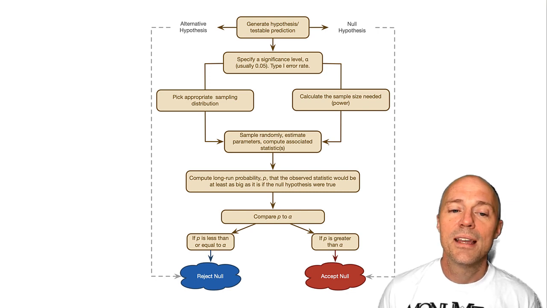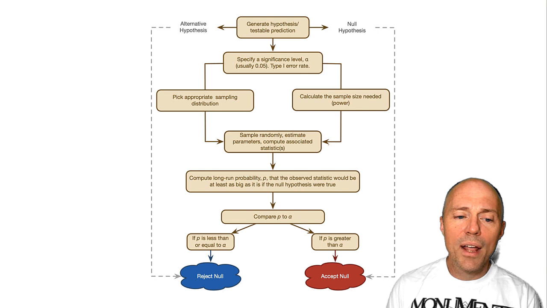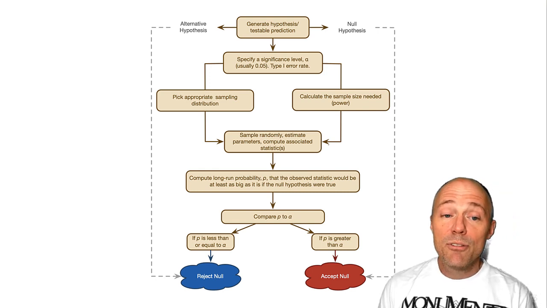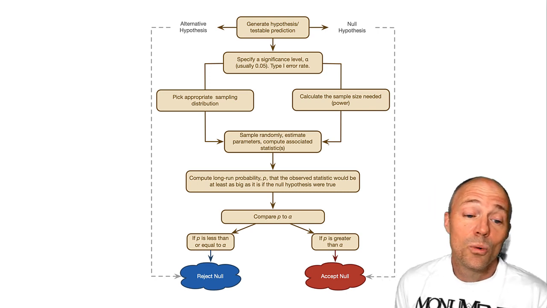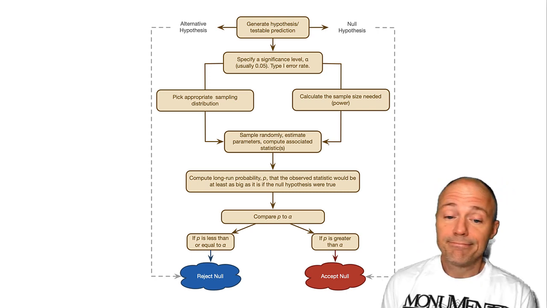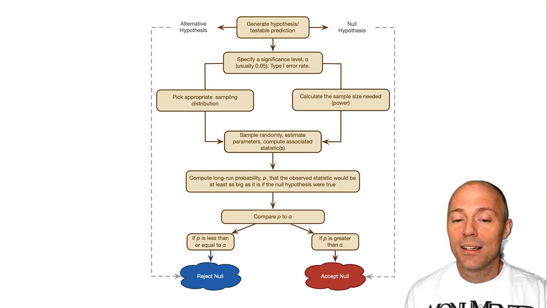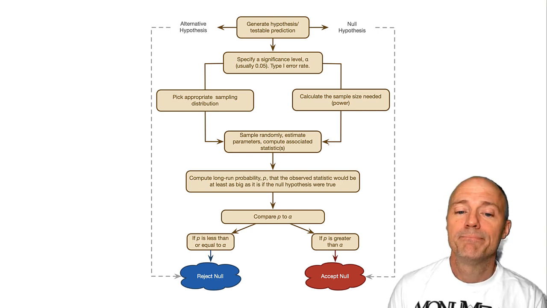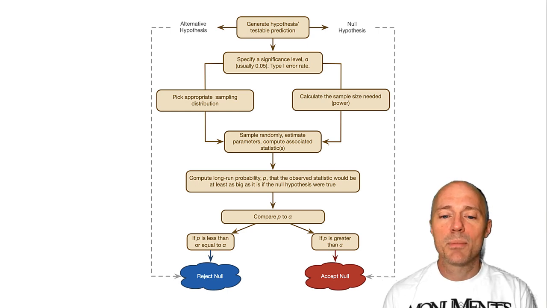So in other words, if the test statistic that they obtained was very, very unlikely, so the p was very, very small, if the null hypothesis were true, then people say, okay, this was unlikely if the null was true, so we'll reject the null. However, if p is greater than the alpha that you set at the beginning, so if the p is reasonably likely if the null hypothesis were true, then you use that as evidence to accept the null hypothesis.